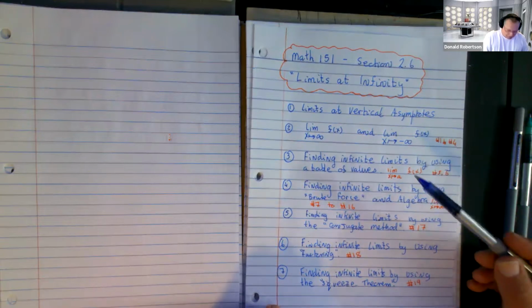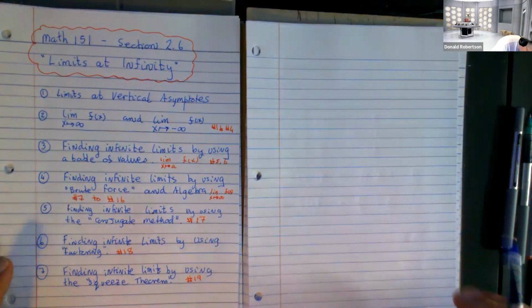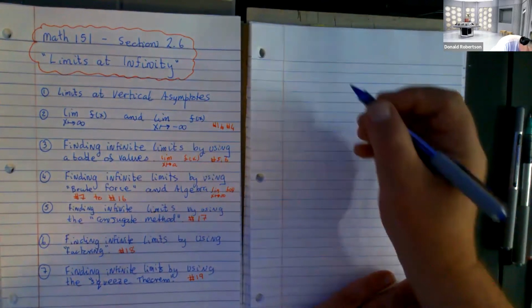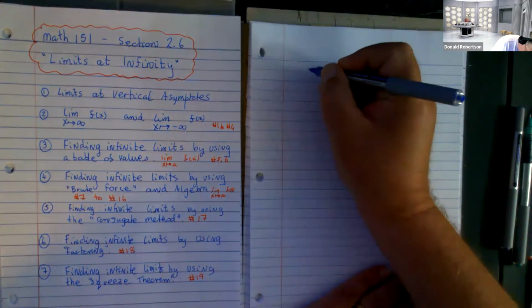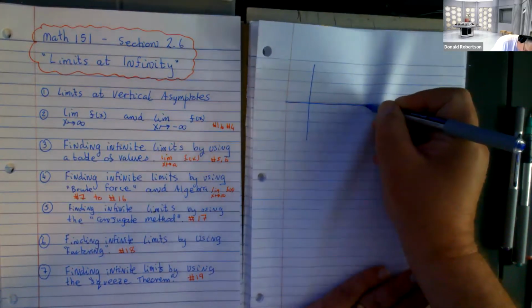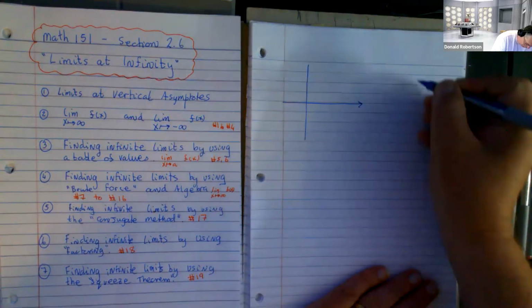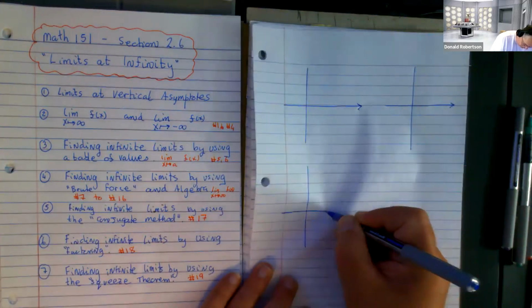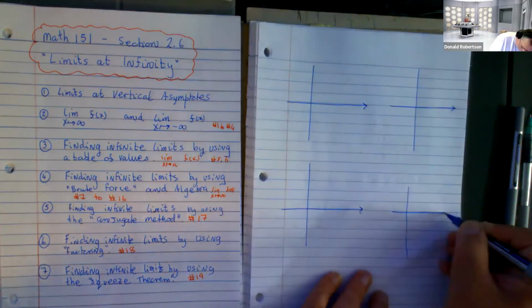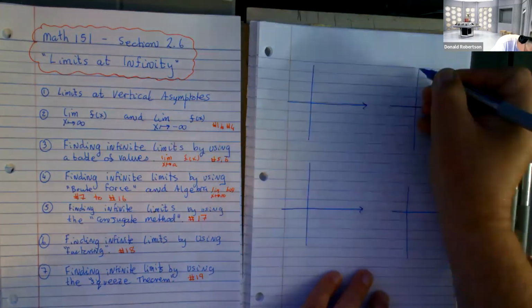So let me start with some notes. Let's look at some functions, and let's look at, for starters, the different types of vertical asymptote shapes that you're likely to encounter and what their limits would be as you approach a particular value of x.